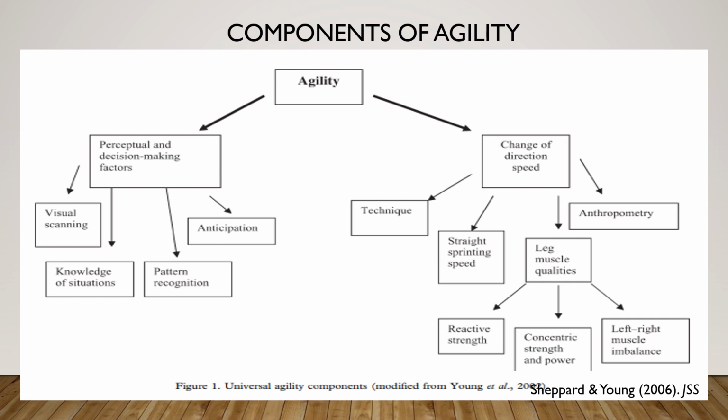There's also the knowledge of situations, so the experience of being in those situations is going to impact how the athlete might respond. And that is linked to pattern recognition. So is there a pattern recognition of the movement of players, for example, or the actual pattern recognition within an opponent? Can we see cues from hip position, from shoulder movement, things like that? All these recognitions of patterns are going to feed together with experience and knowledge of situations to inform our perceptual and decision-making processes.